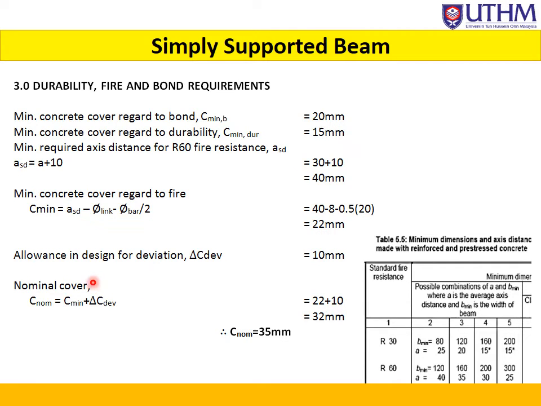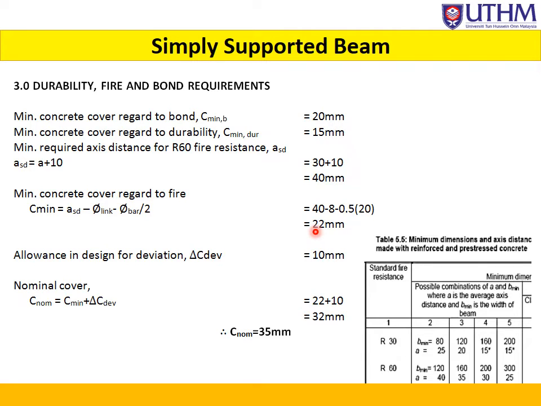Our c deviation is 10 mm. When we calculate our c nominal, the formula is c minimum plus c deviation. Remember that c minimum is taken as the maximum value of c min,b, c min,dur, and c min due to the fire resistance.